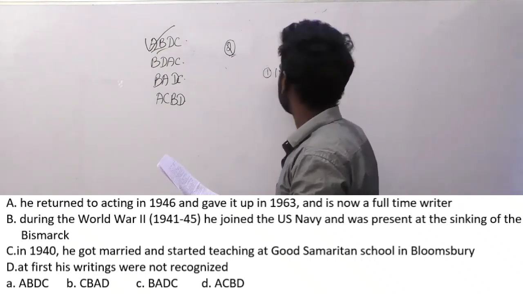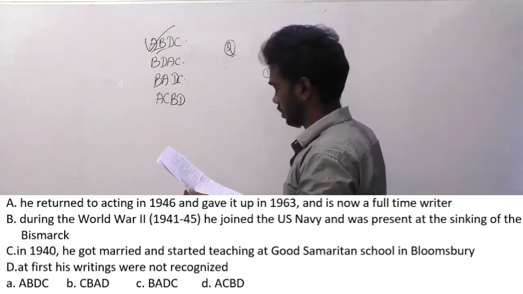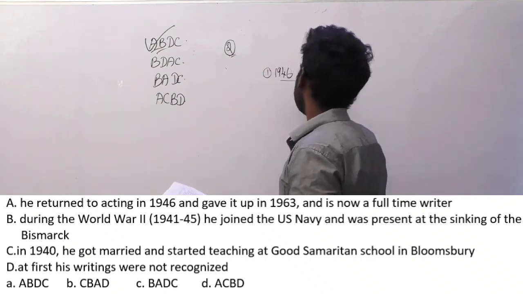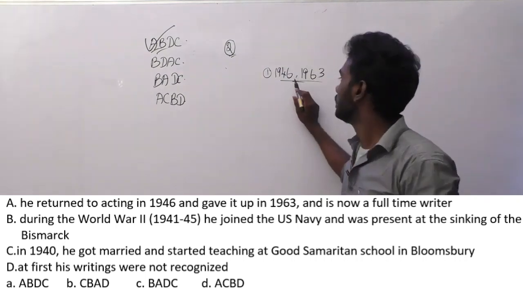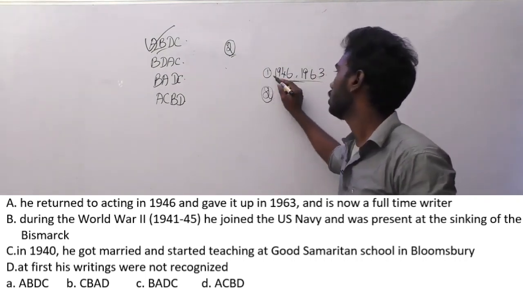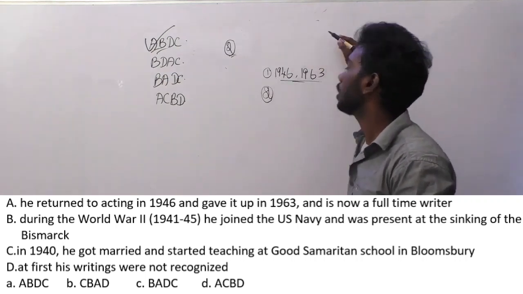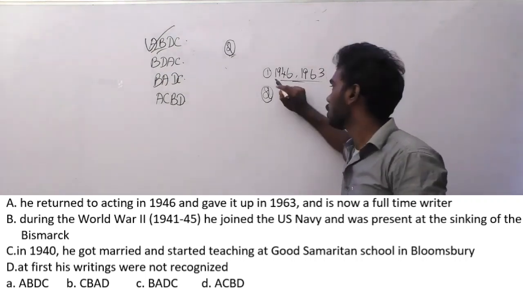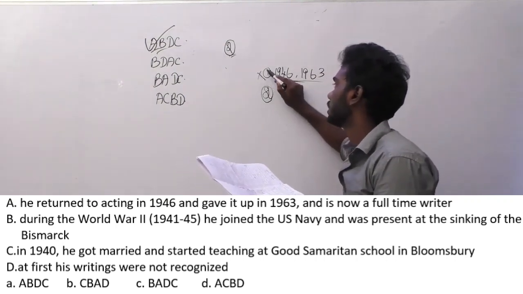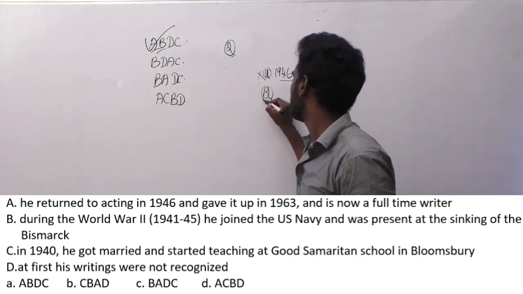Note down those years. These are going to be the clues now. This is the first sentence here, with clues in it, and this is not going to come first in the current sequence because it starts with the pronoun he. So this is not going to be the first sentence. Let us keep it as A and let us keep this one as B.